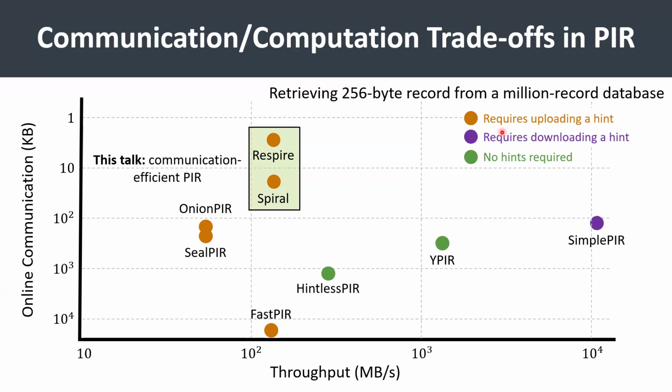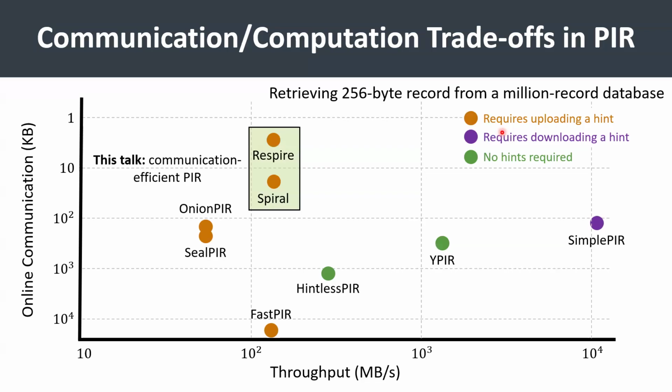This particular construction, do you know what it's based on? I think it builds on top of simple PIR if I recall correctly, but I can't say off the top of my head. I could be wrong, so don't quote me on that.